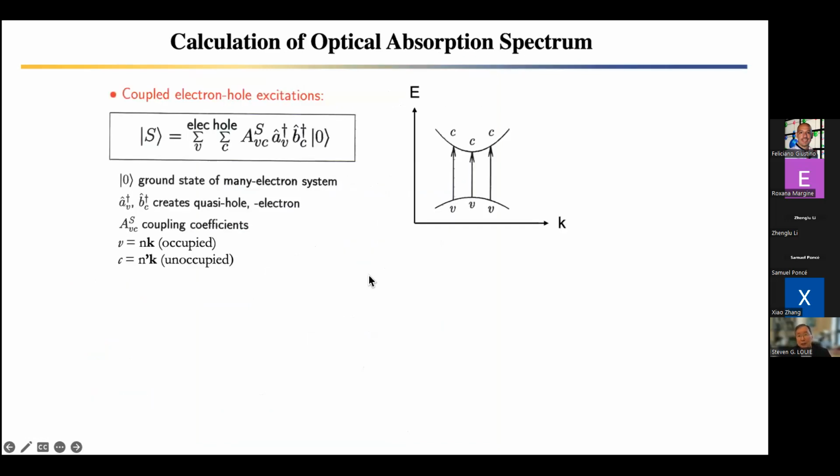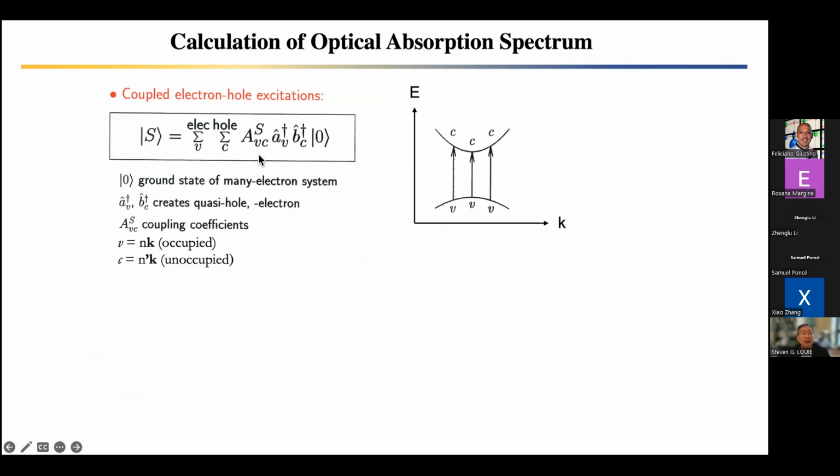Now, for the optical absorption spectrum, what we need is then the two-particle electron-hole excitation in the system. And because the electron and the hole interact with each other, such excitations are linear combinations of free electron-hole pair excitations.